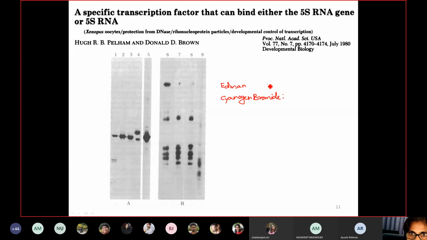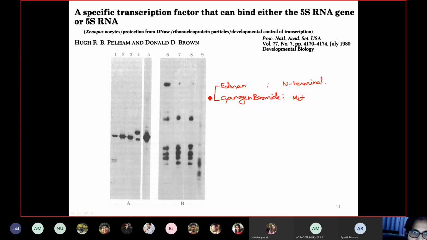So what this Edman's reagent does is it removes your N-terminal amino acid, and you are able to sequence with the Edman's reagent one by one. What cyanogen bromide does is it cleaves at the methionine, the C-terminal side of the methionine is cleaved. So specifically you get some kind of pattern, right? So these are the agents you use specifically for knowing what kind of amino acids are there in your polypeptide chain.